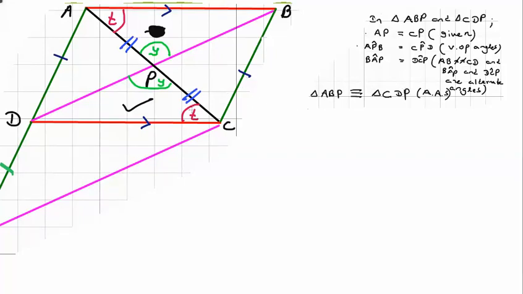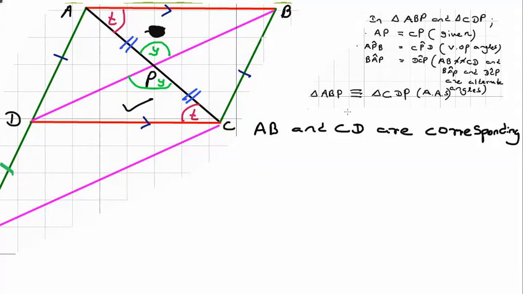So we can say CD and AB. Where is CD? Look where CD is, in front of angle Y, and where is AB? In front of angle Y. So what can we say about AB and CD? They are corresponding sides. Corresponding sides means the sides in the same location of the congruent triangles.